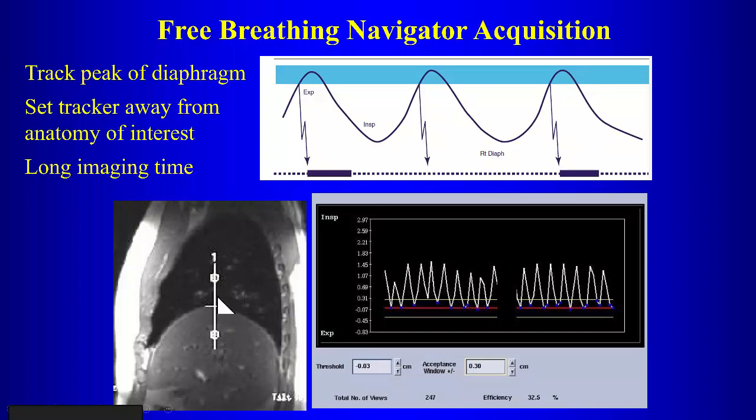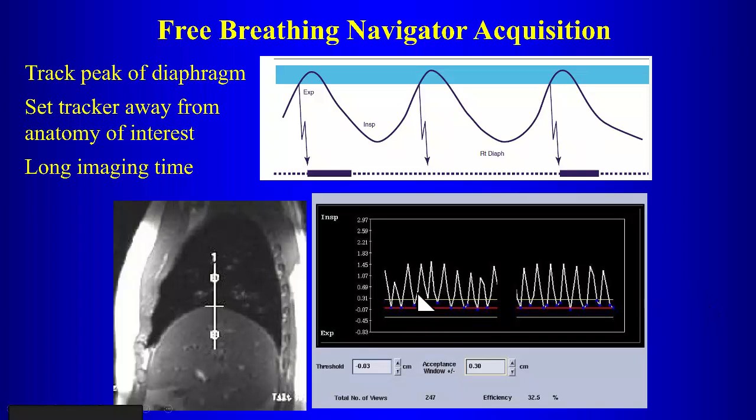So the diaphragm moves up and down as the patient breathes. You can see here, this is tracking the motion of the diaphragm as it's moving up and down. And so we set the tracker away from the area of interest. And then we will set this interval here. We're going to run the imaging sequence throughout the whole time course while the patient is breathing.